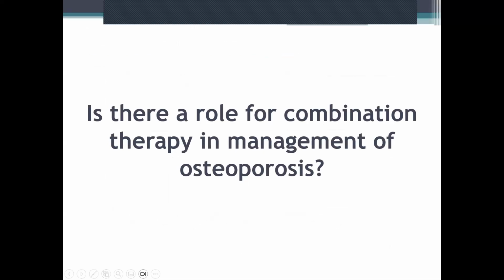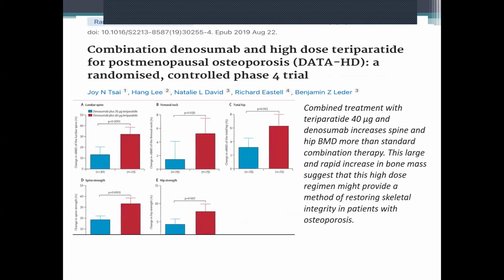All right, so combination therapy in management of osteoporosis, I mentioned that there is no role at this point. So this is a study just looking at combination therapy of denosumab and teriparatide. It's part of the DATA-Switch study. So it does make sense to combine therapy, and you can see that when you combine the agents or overlap the agents, they have significant BMD gains.